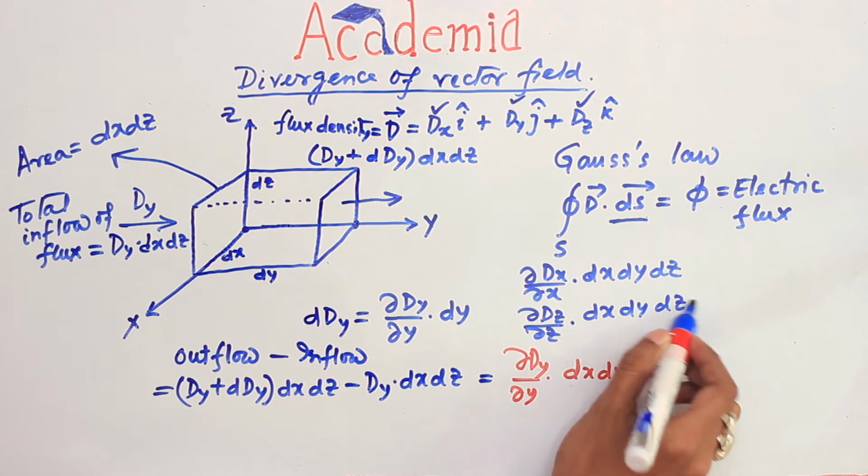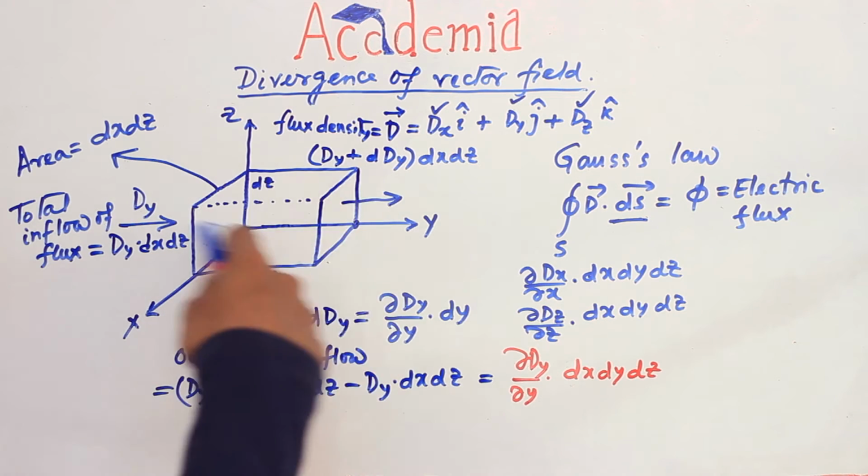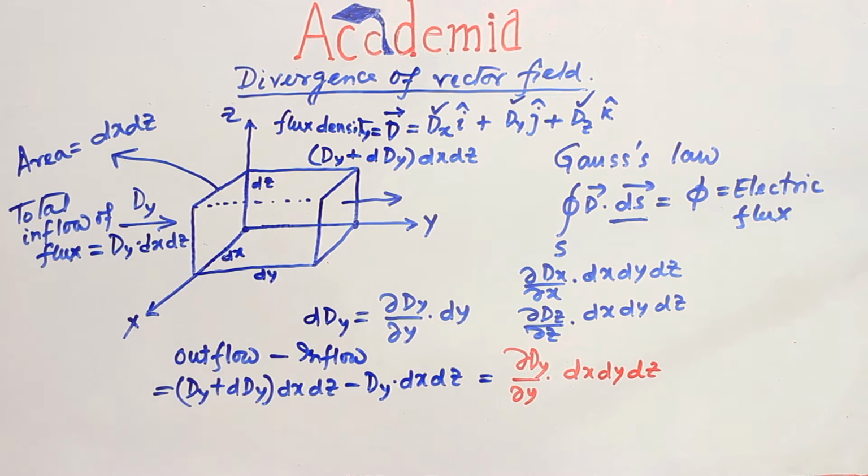So total change in d through this volume will be equal to the summation of all these three.